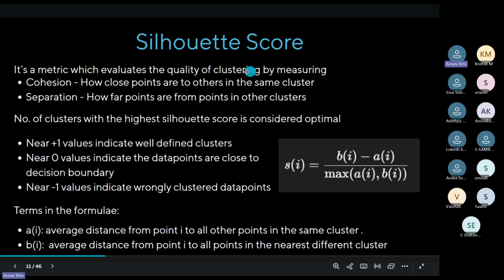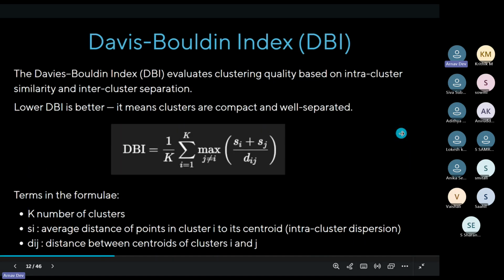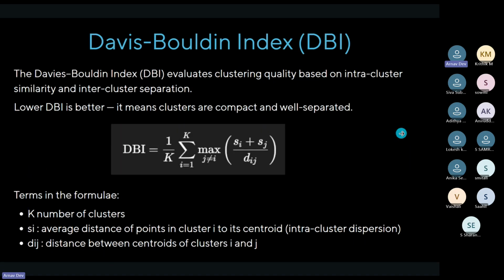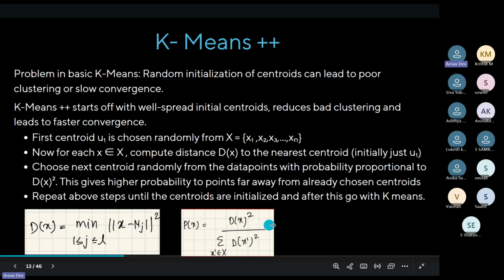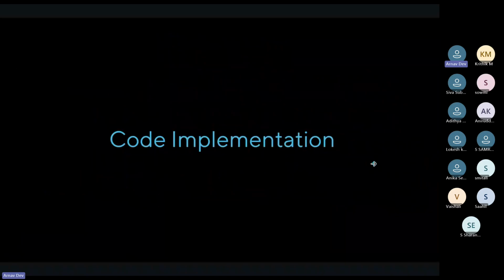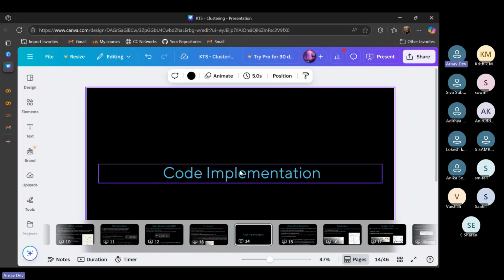In the silhouette score, we also want the clusters to be well separated. So k-means plus plus solves this problem and leads to a better initialization by giving higher probability to points which are away from the given centroids. So this is k-means plus plus, and now we can move on to the code implementation for k-means.